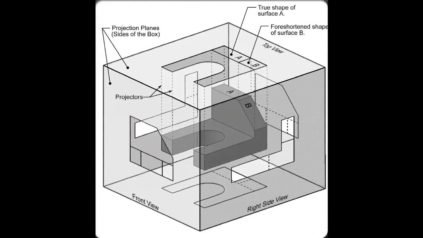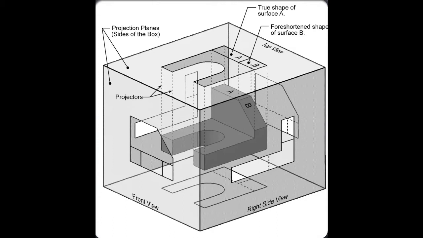Okay, so you can see that in this case, side B is sloped, so it's pretty long, right? Physically, it's a long dimension, but when you look at it from the top, it's rather short, because you're looking at it orthogonally. And then you see the projectors from the different parts of the object.